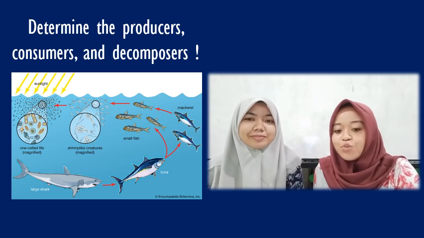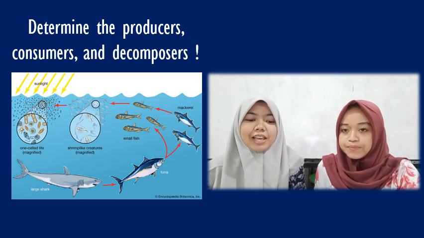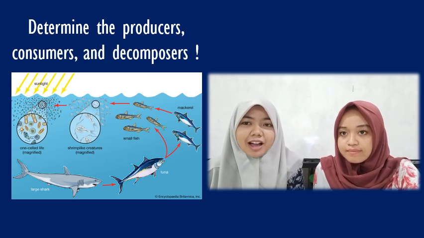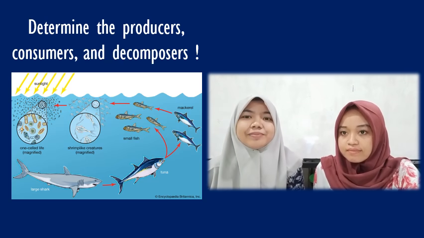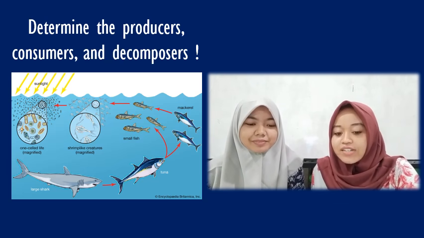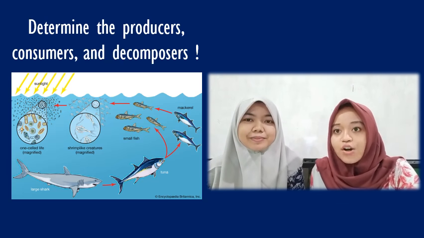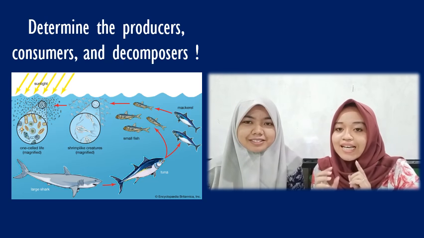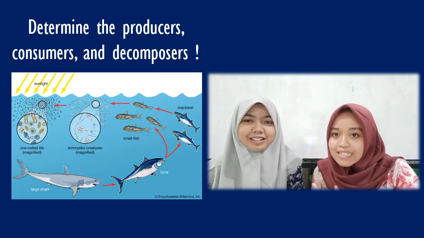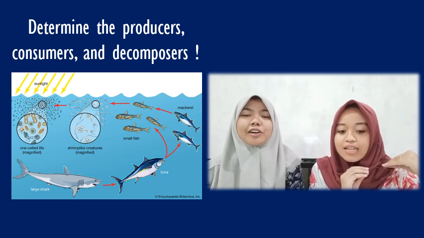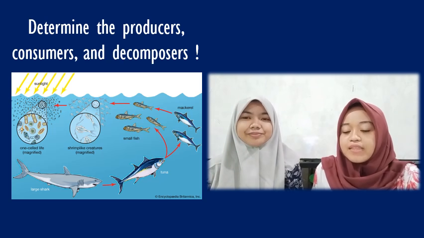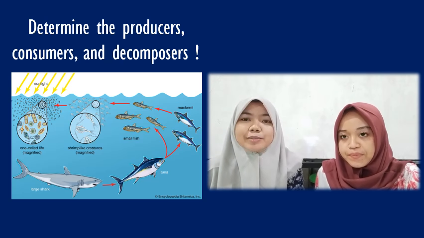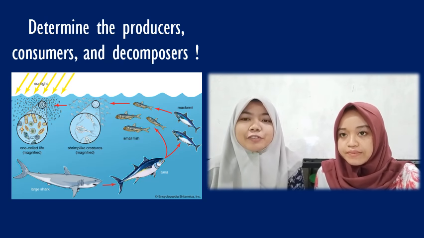Next, which ones are the consumers? One is the shrimp-like creature. The shrimp-like creature is called a consumer because the shrimp eats the one-cell life. The second consumer is the small fish.